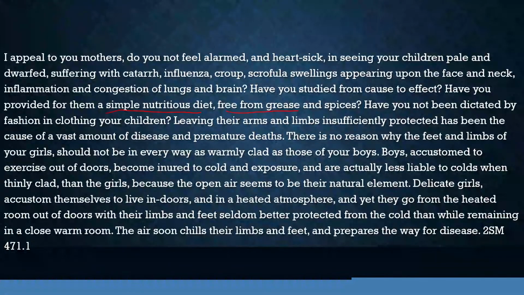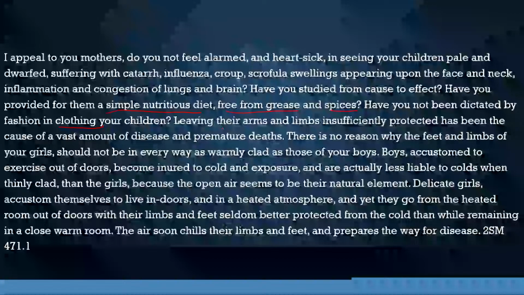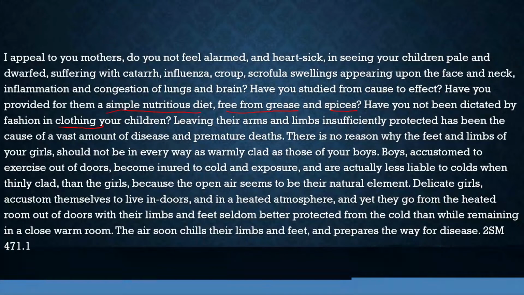There is no reason why the feet and limbs of your girls should not be in every way as warmly clad as those of your boys. Boys, accustomed to exercise out of doors, become inured to cold and exposure, and are actually less liable to colds when thinly clad than girls, because the open air seems to be their natural element.